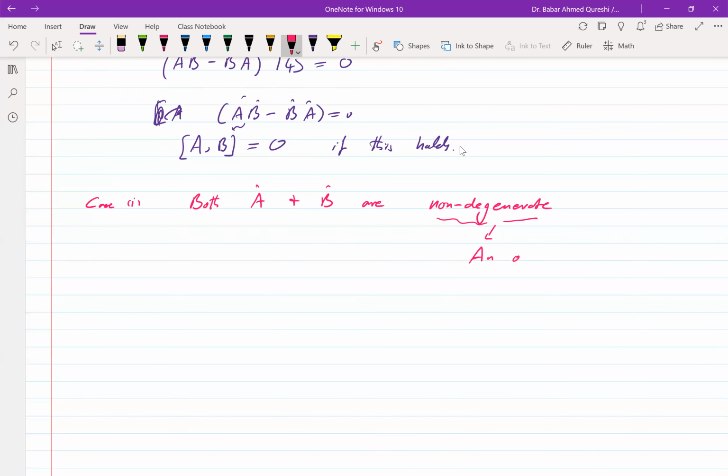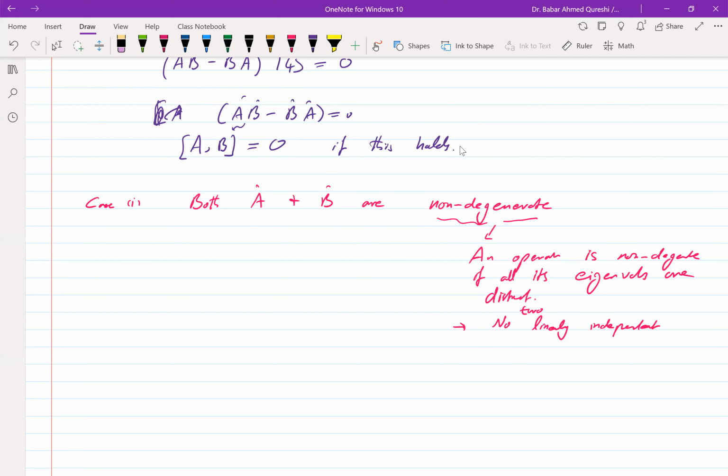An operator is non-degenerate if all its eigenvalues are distinct. So they are not repeated. When you solve the characteristic equation, no eigenvalue is repeated. Or in other words, no two linearly independent vectors have the same eigenvalue.